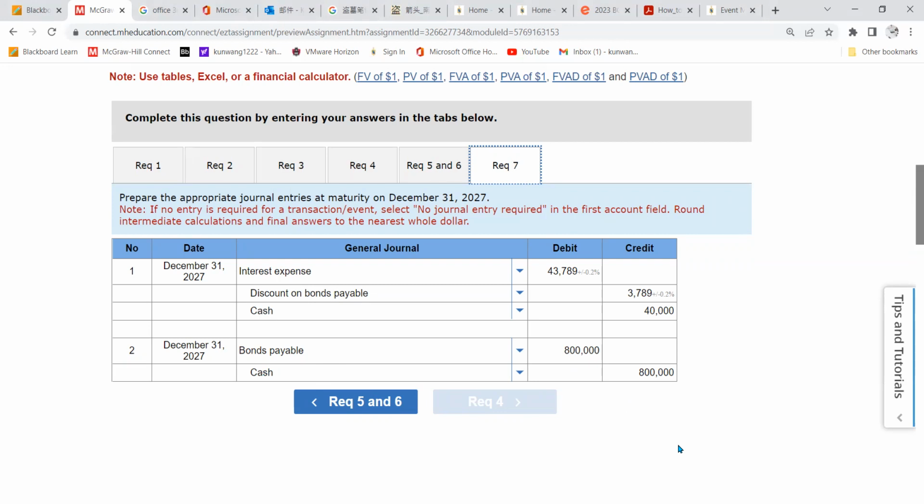Even if you have a premium, there will be no difference in the maturity payment between premium or discount, because all of those discounts or premiums have been adjusted. The face value is the same. So we are paying the maturity by the face value. That's after 4 years.